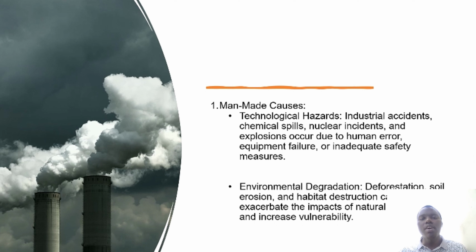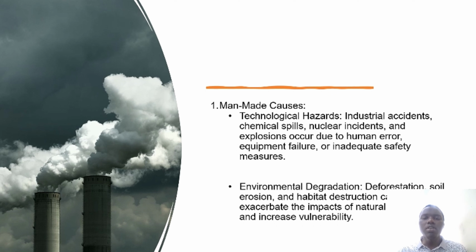For example, industrial accidents, chemical spills, nuclear accidents, and explosions occur due to human error, equipment failure, and inadequate safety measures. As we understand today, some industries can cause accidents and then disasters, explosions, and others.